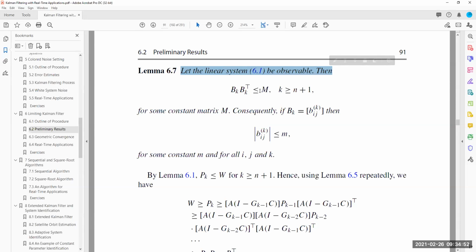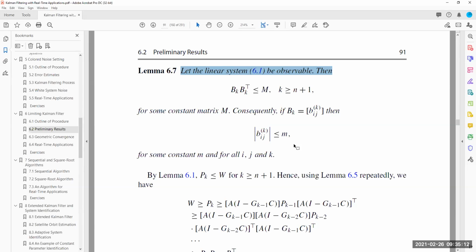Lemma 6.7 says the linear system is observable. Then the BK B transpose is less than M, M is a constant matrix, for all K greater than N plus 1. So then each element of BK is also bounded.